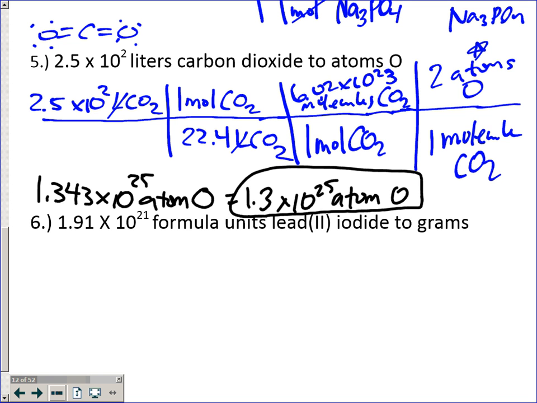Lead. Where's lead Henry? I thought it started with a P. PP. Iodine. What's iodine? Iodine.